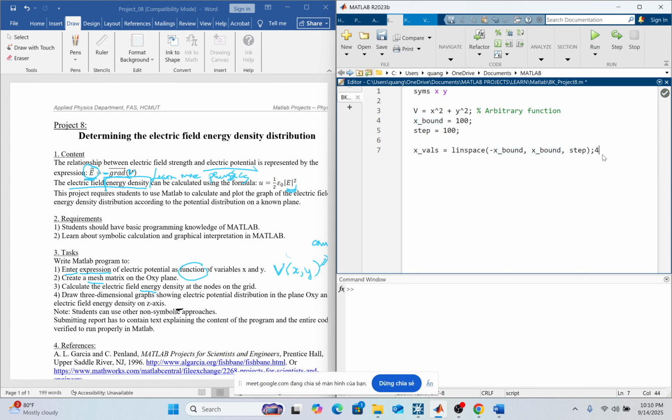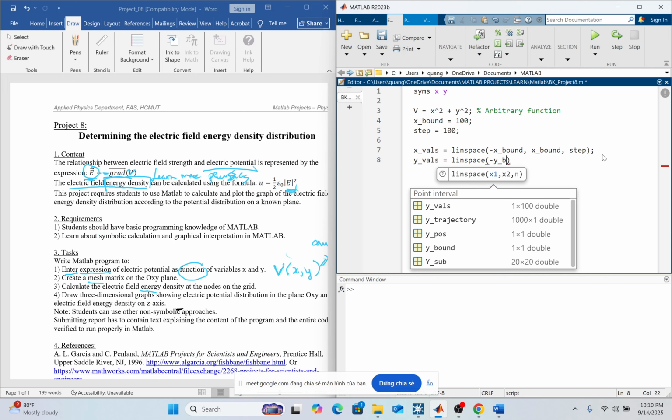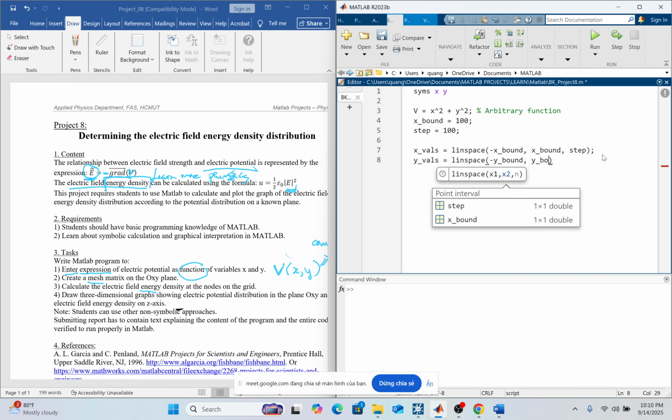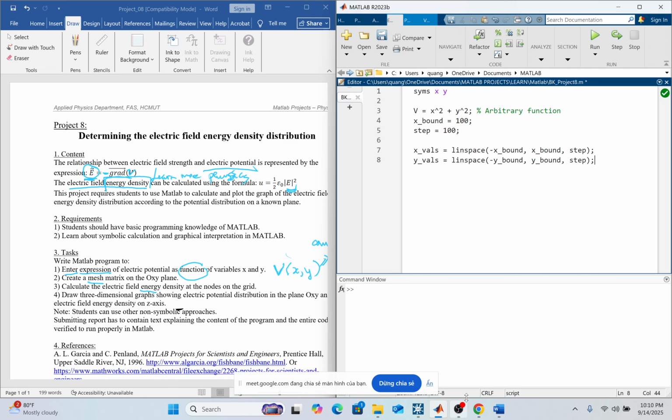Then I'll do the same for the y values. Linspace of minus y bound, and step. Okay, so my plot would look like this.